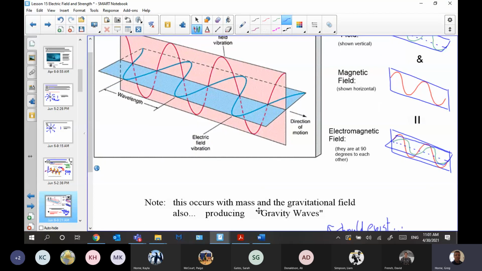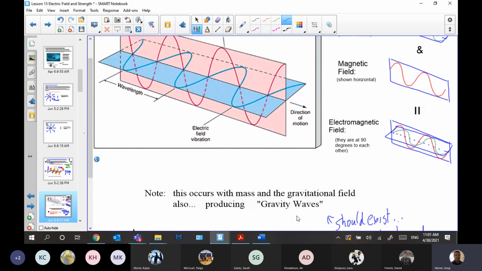This kind of thing occurs with gravity as well. If a planet, a large mass, was moved up, then a planet or an object nearby that's attracted to it would move up as well, just like the positive and negative charge idea when you have attraction. So a long time ago, people said, oh, there should be gravity waves, right?